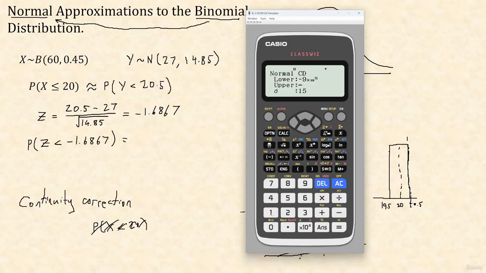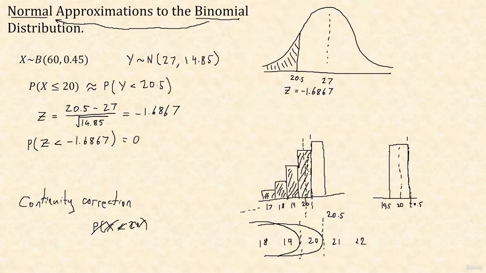And then minus 1.6867. Standard deviation of 1. Mean of 0. And there's our answer, 0.0458. And so that is how we do a normal approximation to a binomial distribution. In the next video, we'll look at a few more examples, so I'll see you there.